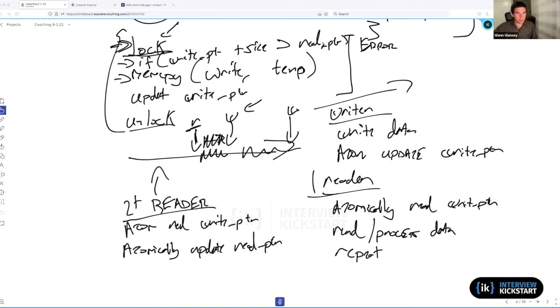And the only way to ensure no one else is going to read the data is to move the read pointer forward such that the other readers don't even realize that there was data to have read. So atomically read the write pointer, and once again, check that the write pointer is greater than the read pointer. And then process data.